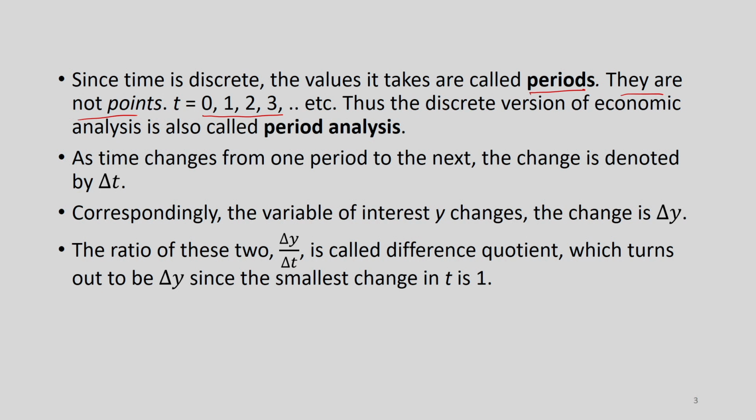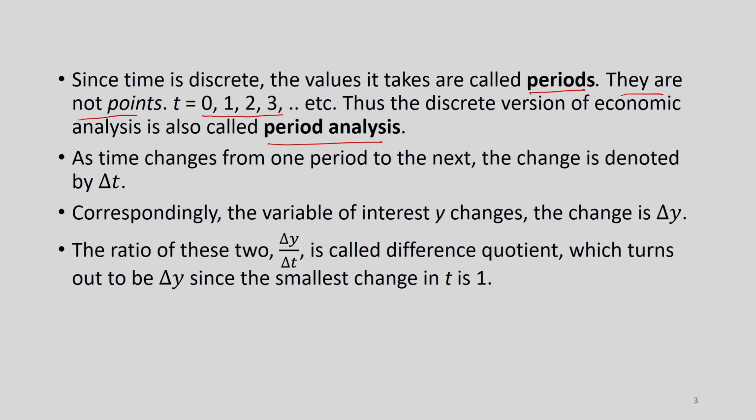Thus, the discrete version of economic analysis is also called period analysis, since we are talking about periods, not points, and therefore, the economic analysis that we are going to carry out will be called period analysis.